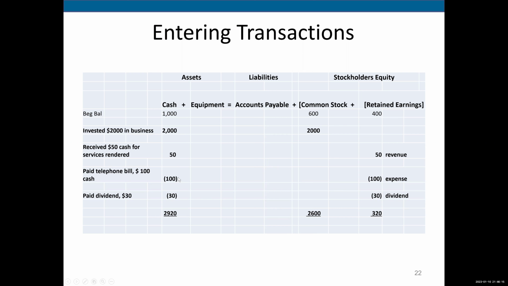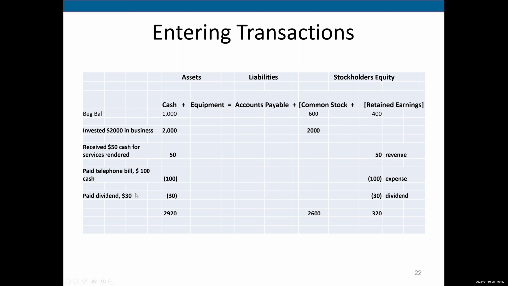On this side of the equation, the assets go down $100, and on this side, stockholders' equity goes down as well. I like to think of it like this: revenues are good, they increase stockholders' equity. Expenses are bad, they decrease stockholders' equity.